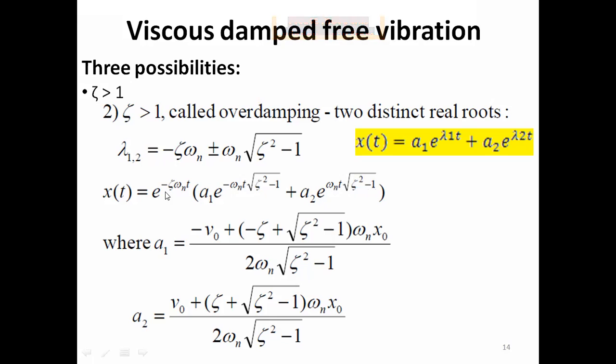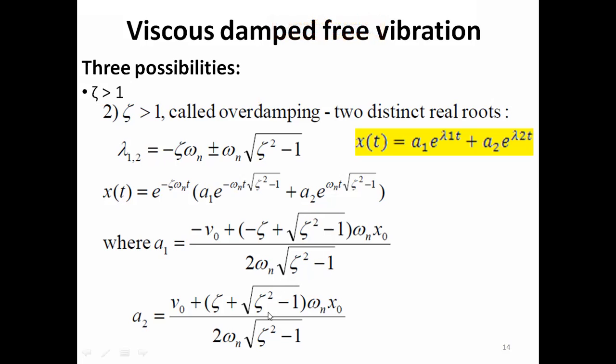And similarly, in order to find these arbitrary constants, we have to use the initial conditions, which are x of 0 is equal to x naught and x dot of 0 is equal to v naught. So once we use those initial conditions in this response, we would get a1 and a2 once we apply our second initial condition, that is x dot of 0 is equal to v naught.